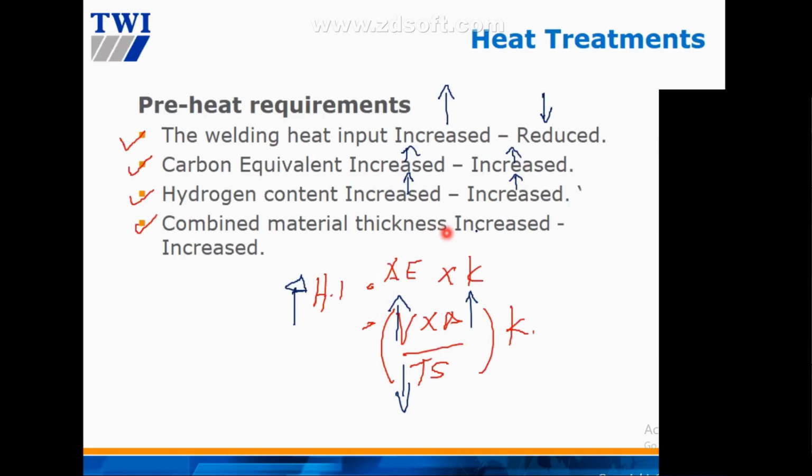If the thickness of the material is higher, then preheat must be higher. The only difference here is welding heat input, which is inverse proportion. This side increases, this side lowers. This side lowers, this side increases. That only applies for heat input when we relate it to preheat. The other 3 factors are equal. This side increases, this side increases. Okay, please memorize this. All this you must memorize.